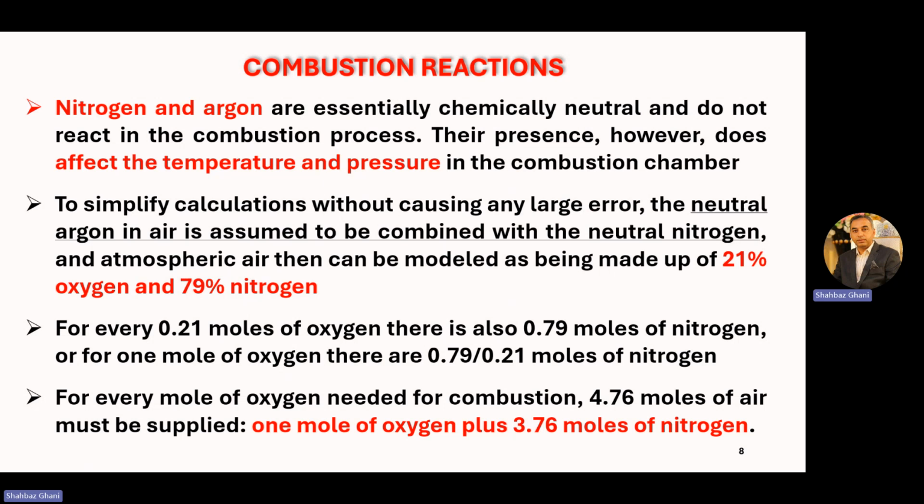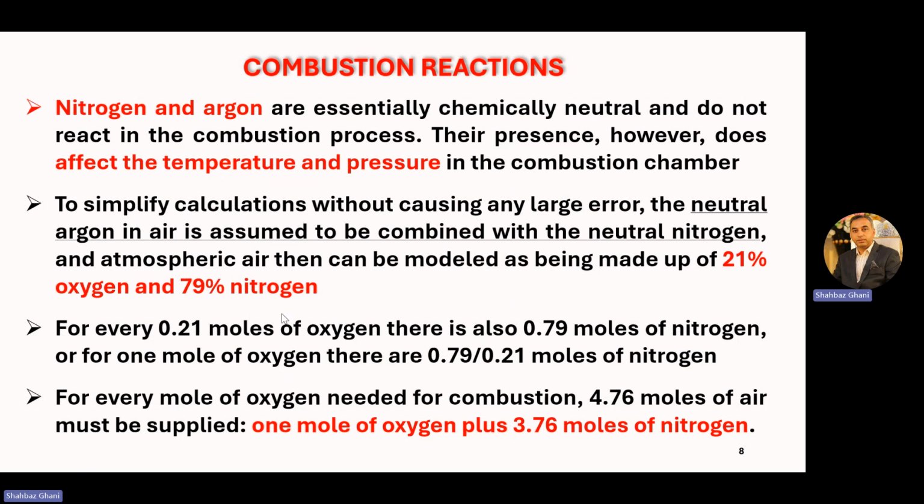To simplify calculations without causing any large error, the neutral argon in the air is assumed to be combined with neutral nitrogen, and atmospheric air can then be modeled as being made up of 21% oxygen and 79% nitrogen. So to ease our mathematical calculation and further analysis, we take 21% oxygen and 79% nitrogen as complete air.